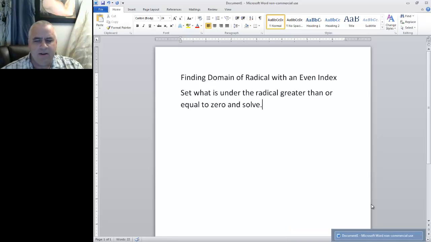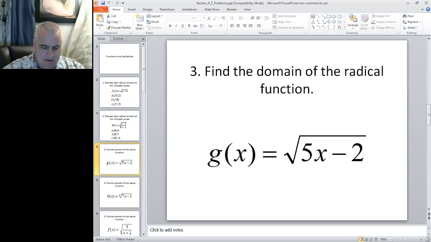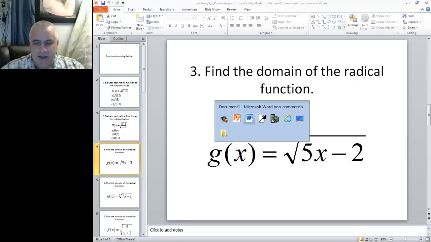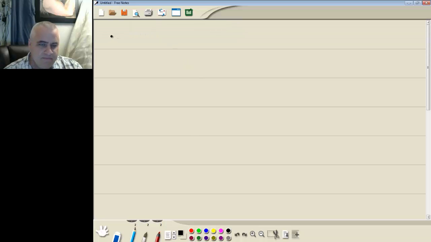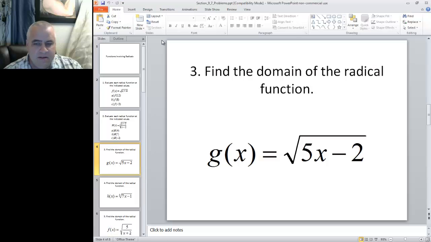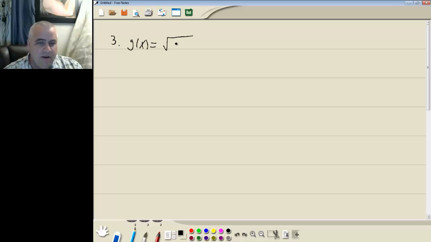So we got g of x is equal to the square root of 5x minus 2. Again, square root, a number in this slot here, there is no number, so this is by default 2, which is even. And our instructions say set what is under the radical, which is the 5x minus 2, greater than or equal to 0, and solve.